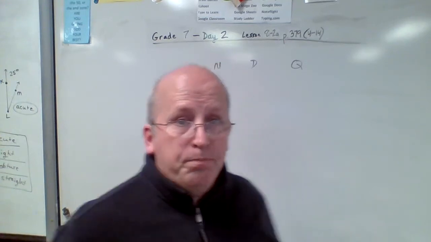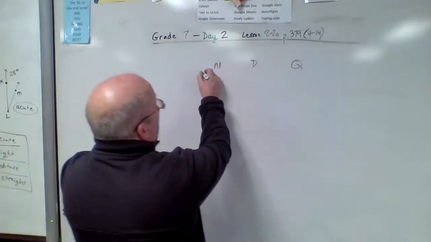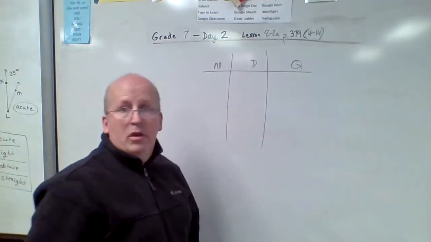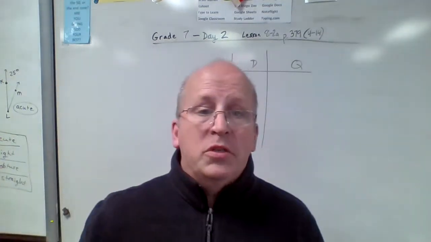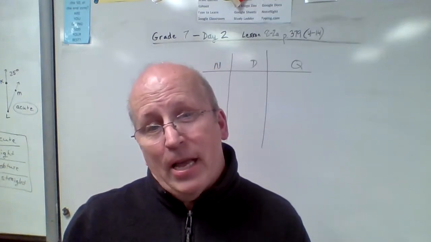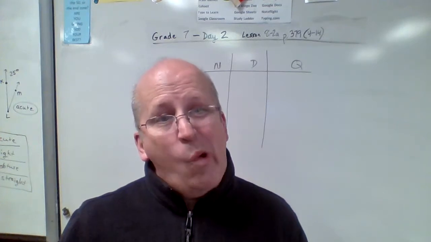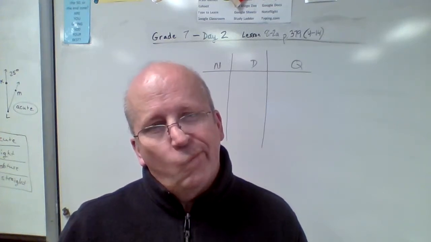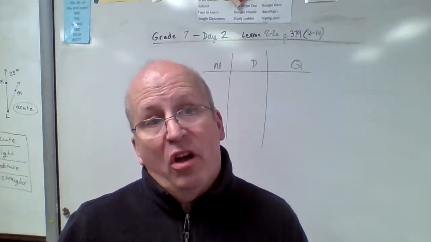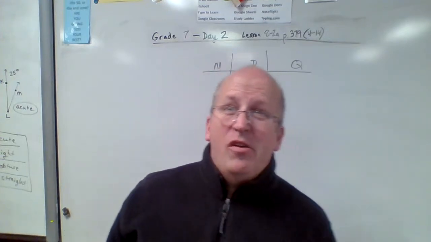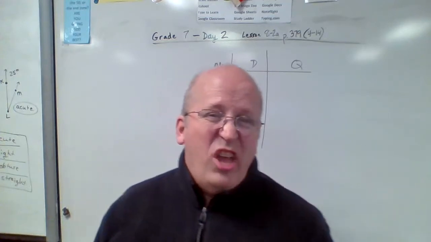So, the first thing I'm going to do is create columns for nickels, dimes, and quarters. Nickels, dimes, and quarters. And I'm going to start thinking to myself, how can I make 45 cents out of nickels, dimes, or quarters? Well, since quarters is the largest value and it's worth 25 cents, I'm going to start by thinking, is there a way to do it with, say, 2 quarters?